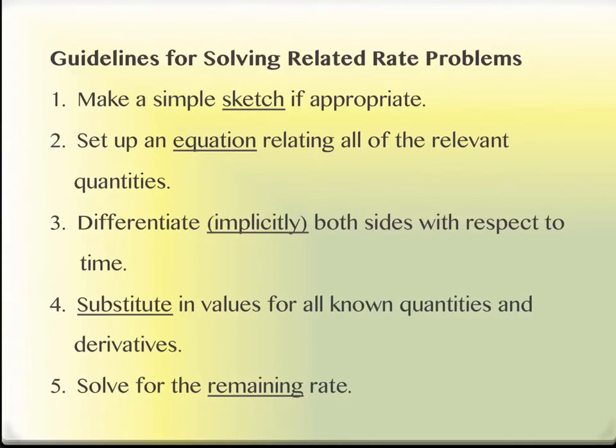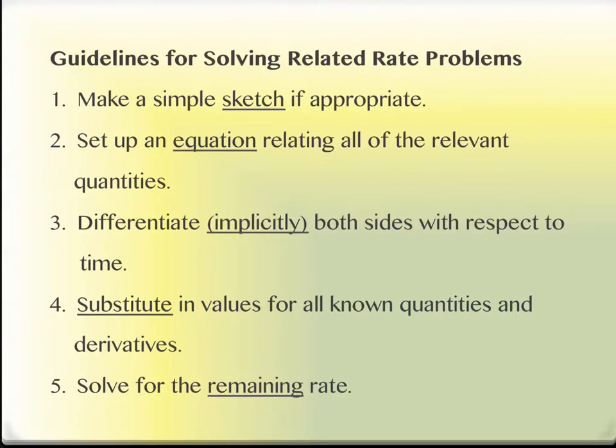The difference is that we're going to implicitly differentiate both sides of the equation with respect to time, not with respect to x. So we always had dy dx's showing up, right? So we're going to have dy dt, dx dt, dr dt, dA dt. It's always going to be with respect to time.